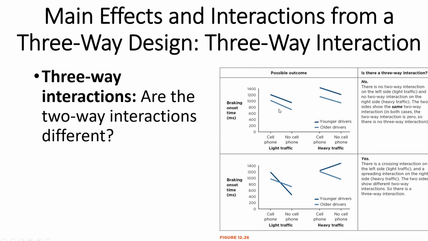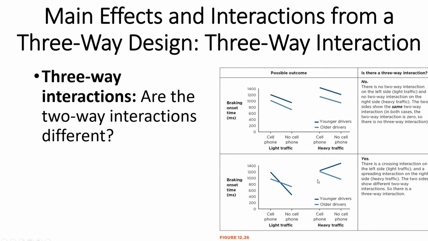Overall, we're seeing mostly parallel slopes that are all fairly similar. So there's no two-way interaction here and no two-way interaction here, and they're both showing the same non-interaction. So there's a zero interaction for both of these, so we have no overall three-way interaction.